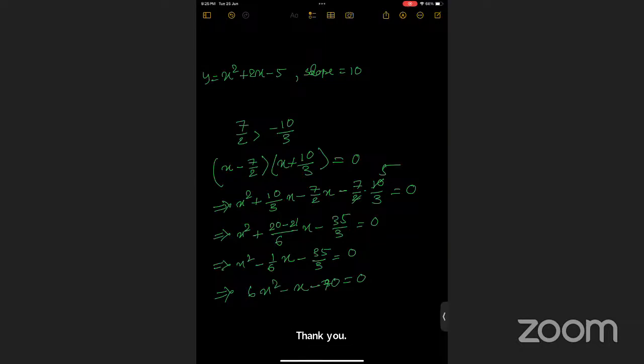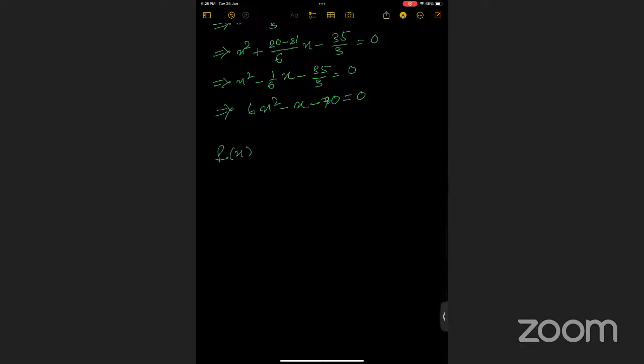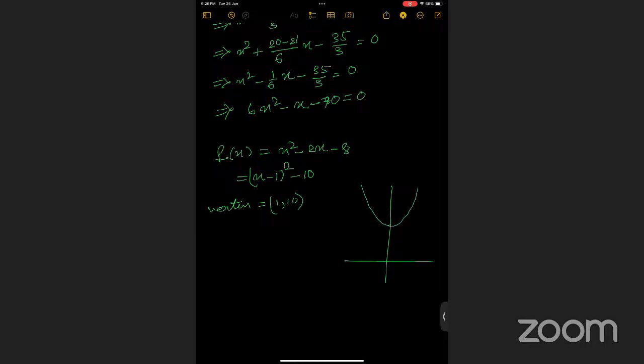The next question is: consider the quadratic function. So here we have the quadratic function f(x) equals x squared minus 2x minus 8. We have the parabola, so this curve is something like that.